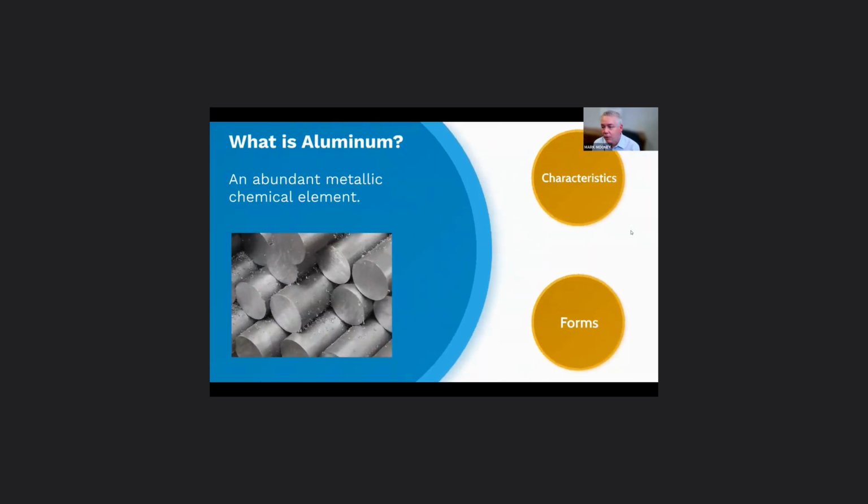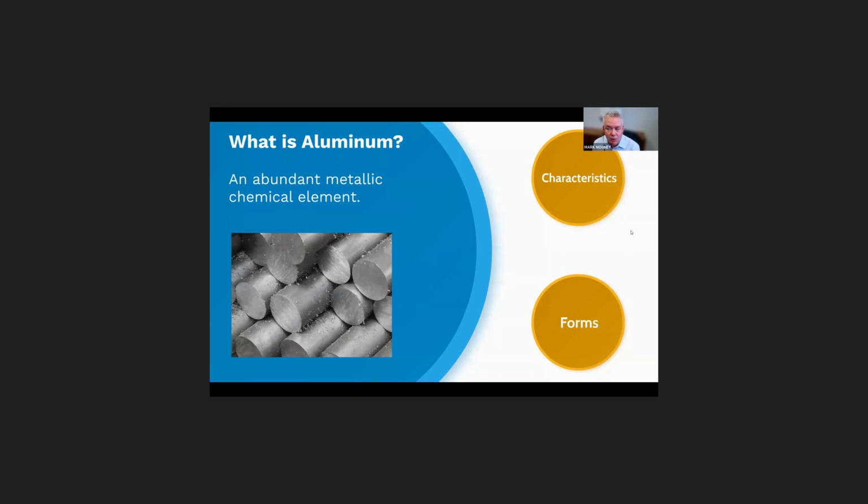So first, we're going to review the characteristics of aluminum, what makes it what it is. Interestingly enough, aluminum, let's go back for just a moment. Aluminum comes from bauxite, which is one of the most abundant elements in the crust of the earth. Roughly, aluminum is about a third of the weight of steel. It is highly recyclable.